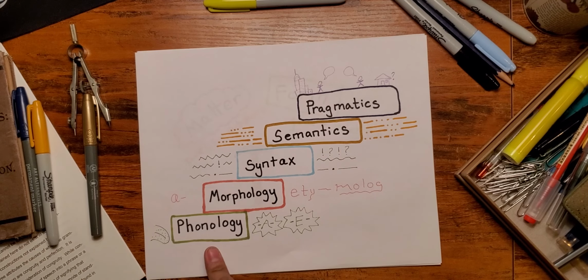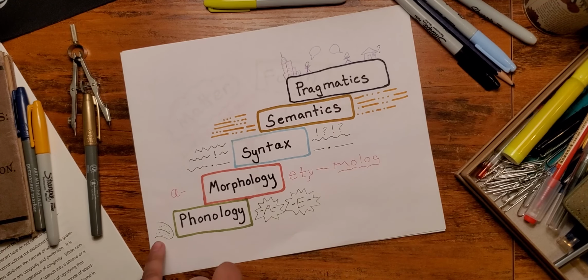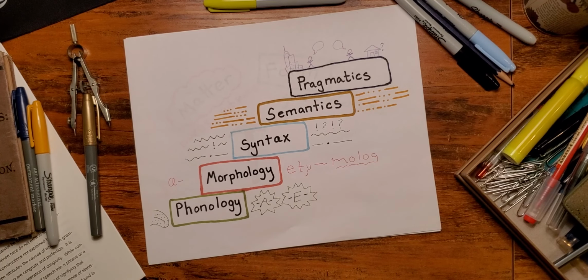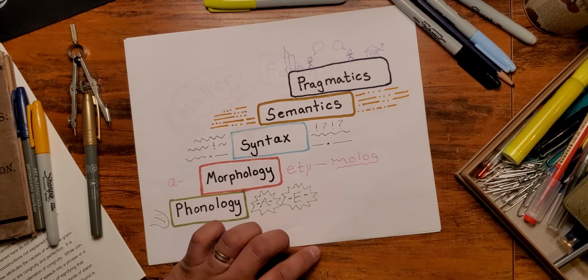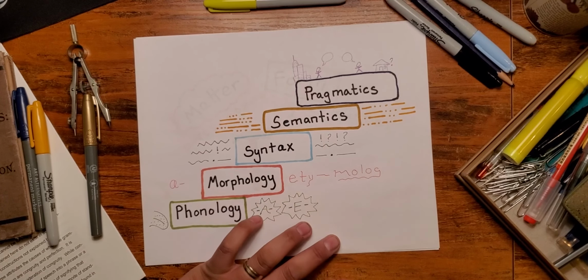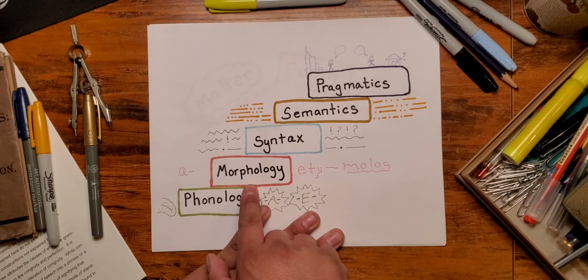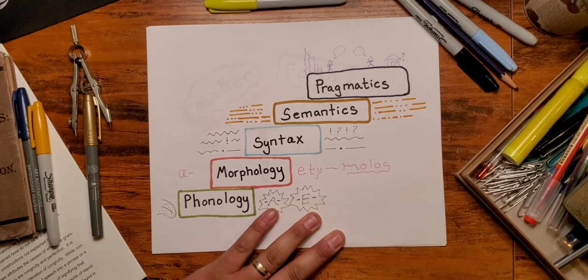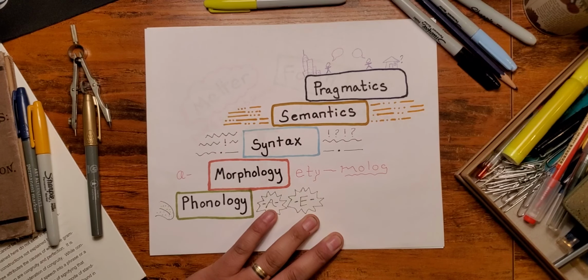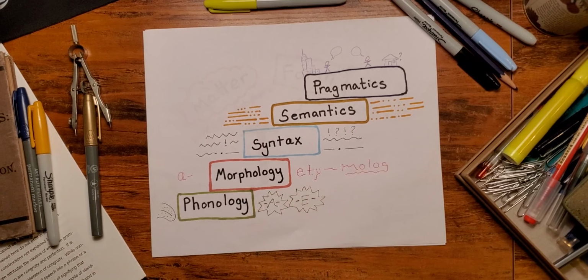You have phonology, the study of the physical tongue, our physical capabilities of our mouths and our vocal cords, vowels, consonants, the historical development of these things. You have morphology, which focuses more on the construction of words, how different sounds can be put together to form different words. Syntax has as its object the clear, concise sentence.